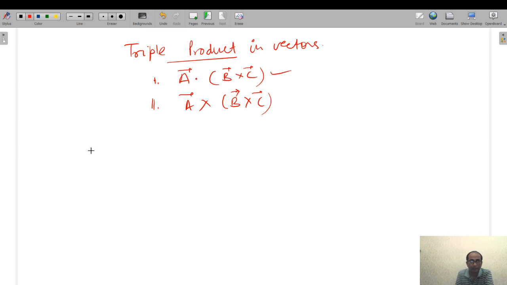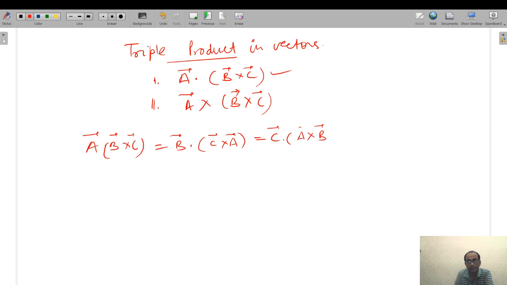So A dot B cross C is equal to B dot C cross A, which is equal to C dot A cross B. All these things can be verified very easily. If you write A, B, C in clockwise order and follow the pattern, ABC is here, BCA is here, and CAB is here. This one is called the scalar triple product, and this is called the vector triple product.